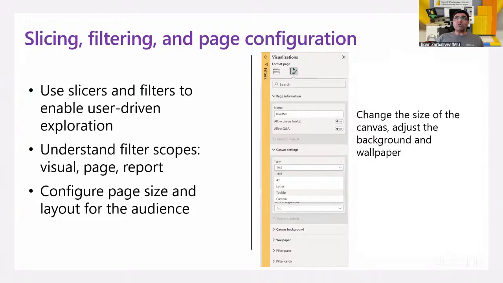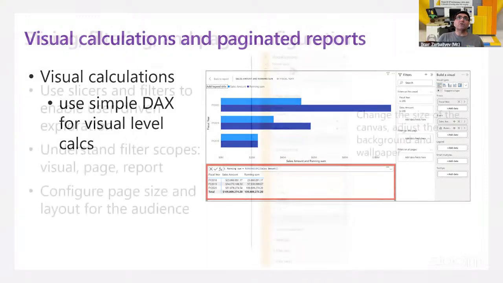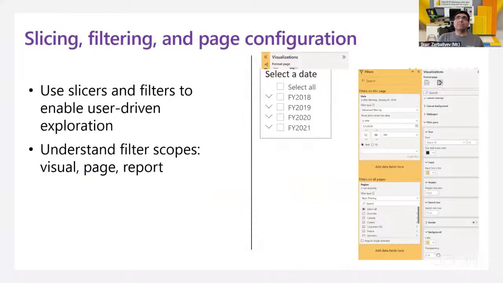On this slide, you can also see the comparison between slicer and the filter pane. So let me go back. So here we can see slicer versus filter pane, right?